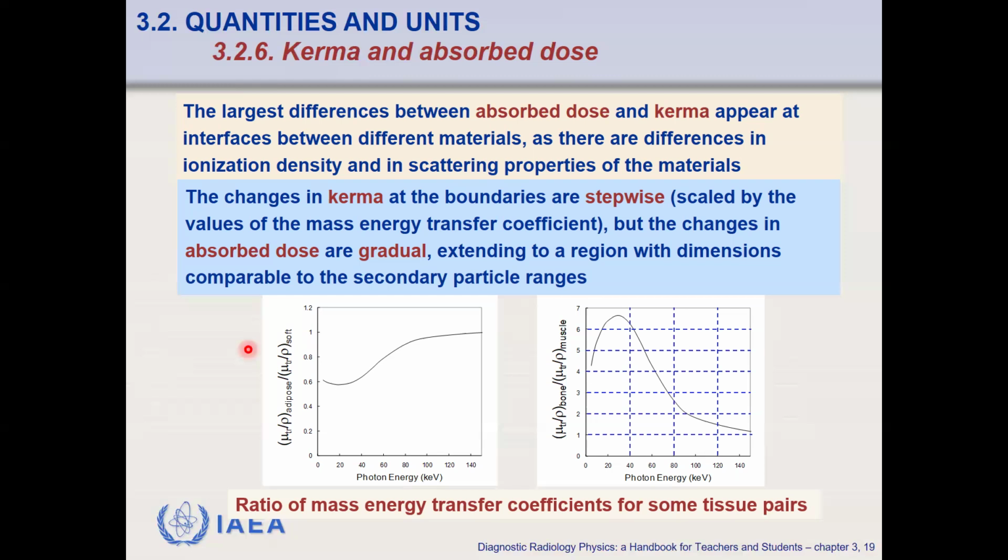So secondary electrons can penetrate a short distance into the adjacent tissue before depositing their energy. That is why the absorbed dose changes more gradually, whereas for kerma I have an abrupt change. This abrupt change in kerma at the interface is due to this difference in mass energy transfer coefficient between the two regions or the two materials.